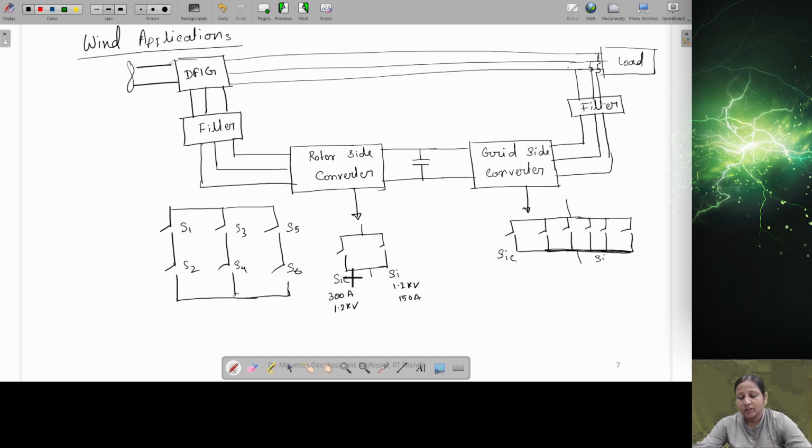The reason is that initially, during the turn-on delay, the silicon will be on, so the entire current should pass through the silicon carbide device. That's why its current rating is much higher, as you saw in the previous slide. Here it is a similar concept: silicon carbide is 300 amperes, 1.2 kilovolts, and the silicon devices are 150 amperes, connected in parallel.